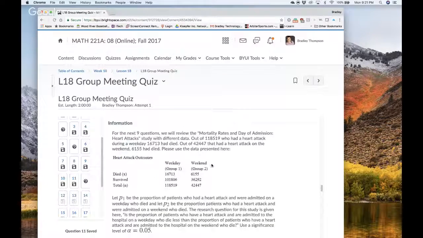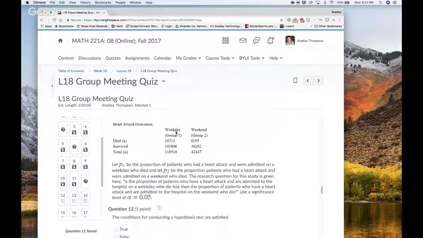Okay, next nine questions, we review the mortality rates. Study of data out of 118,000 people who had heart attacks. Let P1 be the proportion of patients who had a heart attack and were admitted on a weekday and died.